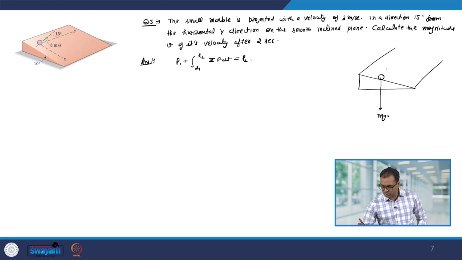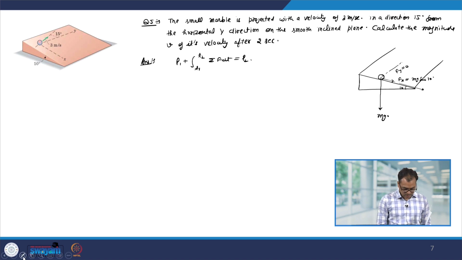There is no force along the y direction, so Fy is equal to 0, and the component of mg will act along the x direction. Since this angle is 10 degree, Fx will be mg sin 10 degree, and the ball is launched at an angle of 15 degree.